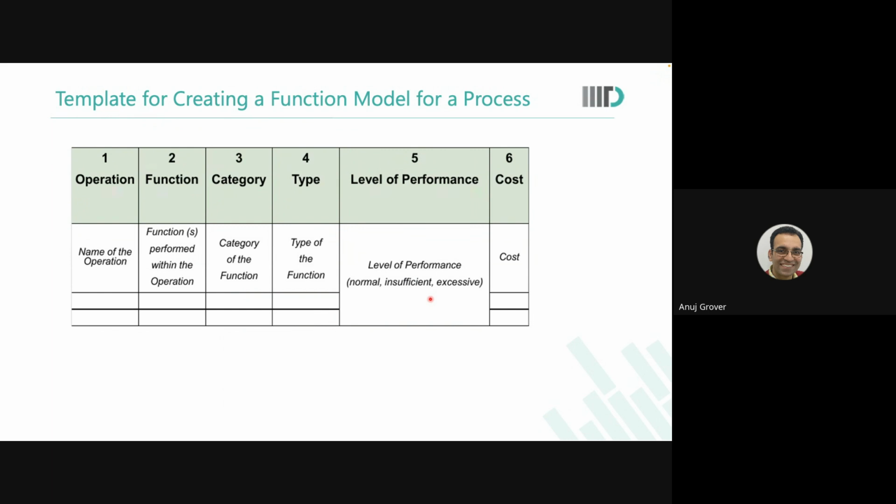Similarly, the function model for processes also has first the operation in which the function happens, what kind of function it is, category of the function, type of the function, then level of performance. Again, normal, insufficient, or excessive, and cost. If you put all these for different functions in your system, you will have a complete functional analysis for processes available with you.